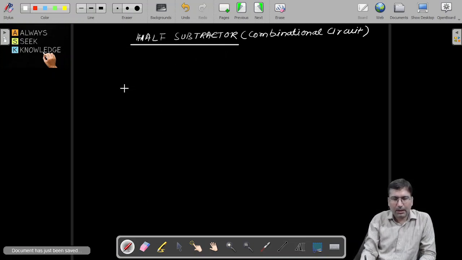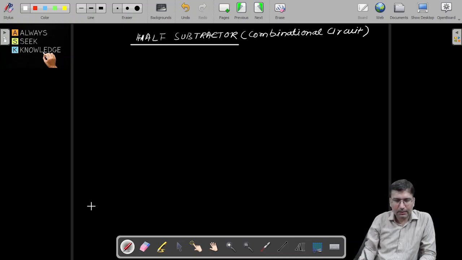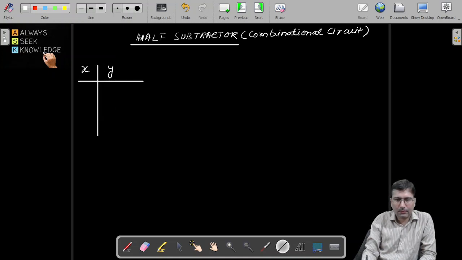So let's draw it. In a half subtractor, we'll be having two one-bit inputs. You can take A or B or X or Y. So let's say I'm taking one input as X, another input as Y. There'll be difference and there'll be borrow.